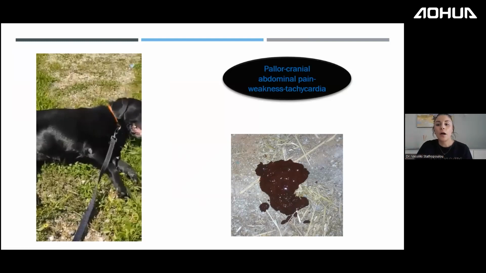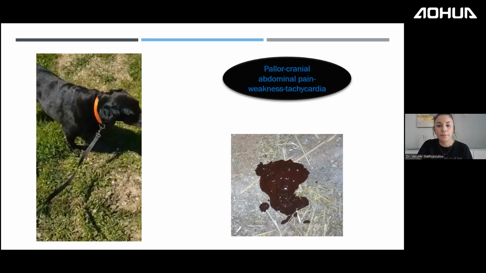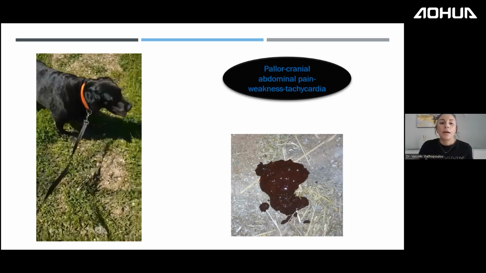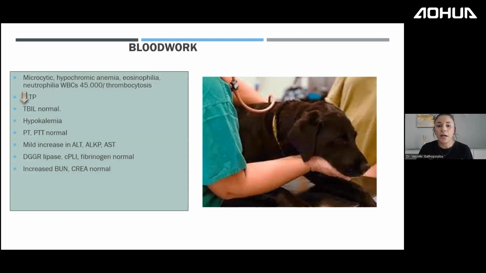Okay. So when we examined her, she had pale mucous membranes, cranial abdominal pain, weakness, of course, as you saw, and tachycardia. Microcytic hypochromic anemia, eosinophilia, neutrophilia, thrombocytosis, all the characteristics of chronic gastric hemorrhage without the owners having perceived anything.